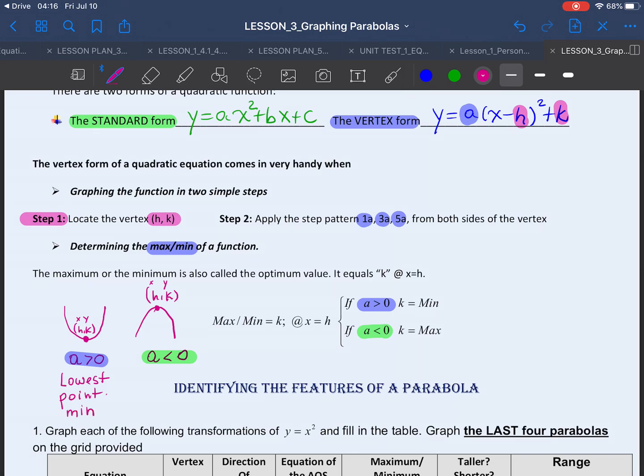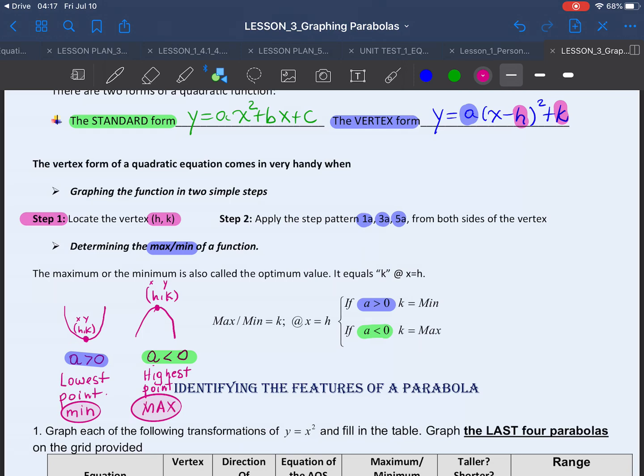In this case, we will say that it represents the minimum of the parabola. Now, when a is negative, the parabola will open down, and the vertex will mark the highest point on the parabola. And in this case, we'll say the vertex represents the maximum of the parabola.